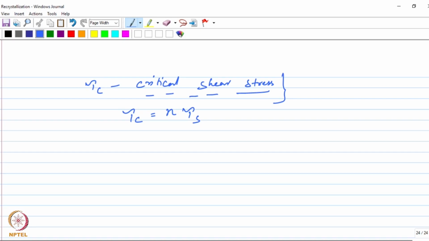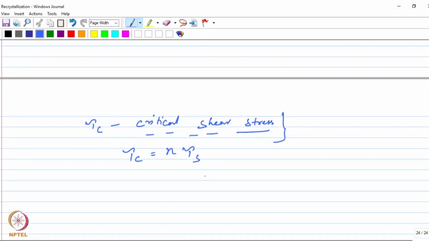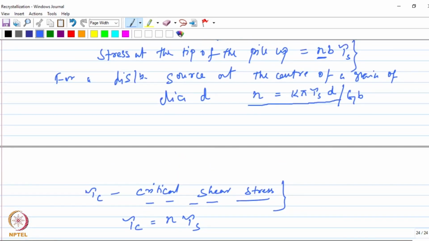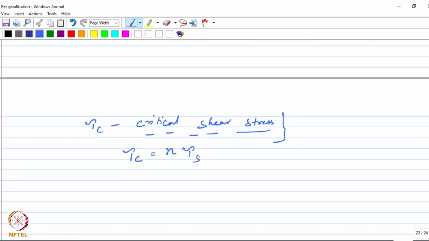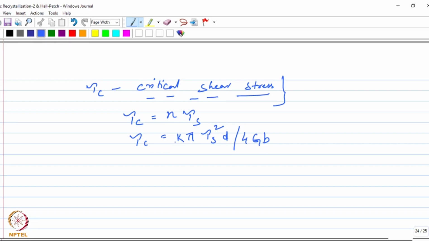And if we replace n here from the previous equation that we have for n, we would get tau c as this. And tau s is nothing but the applied stress minus the resistance of the lattice to the dislocation movement.